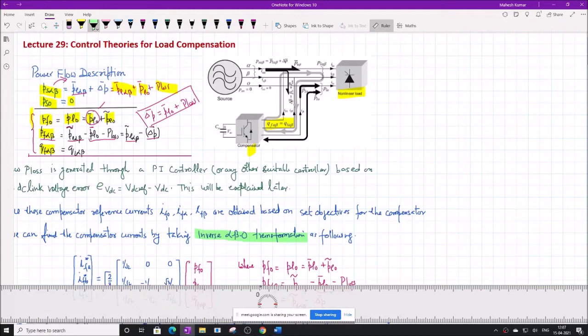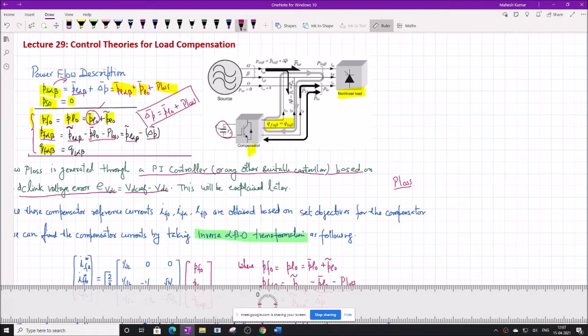Before that, you may ask a question: from here we generate the P loss, the inverter losses. How will the term P loss be generated? The P loss generation is done through a PI controller or any other controller suitable for this action, based on the DC link voltage error, that is EVDC equal to VDC ref minus VDC. This is the DC link voltage of this inverter, and VDC is the actual voltage.